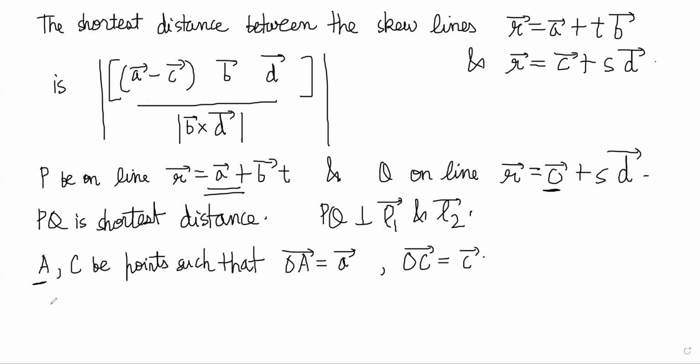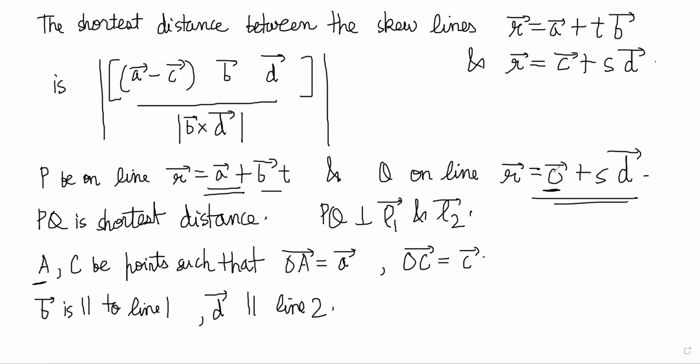Now, B vector is parallel to line 1 and D vector is parallel to line 2. That is given from the line equation only. So far, whatever I am saying is coming from the meaning of the line equation itself, right?